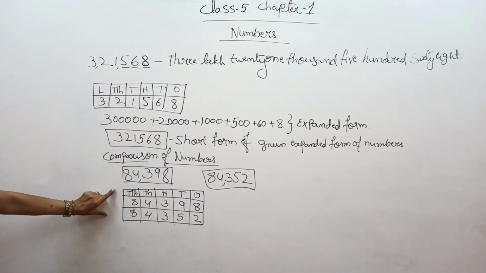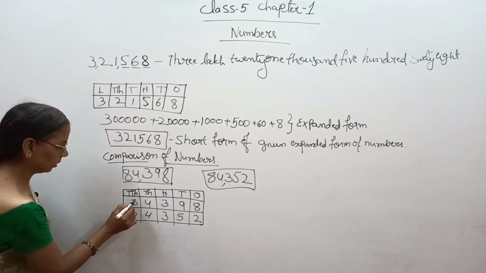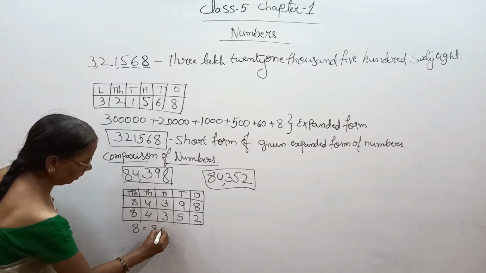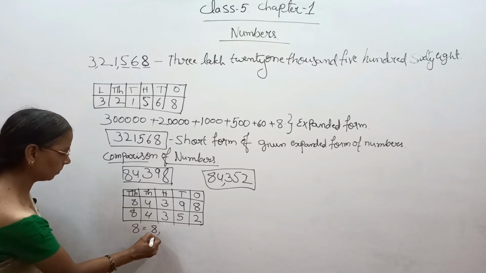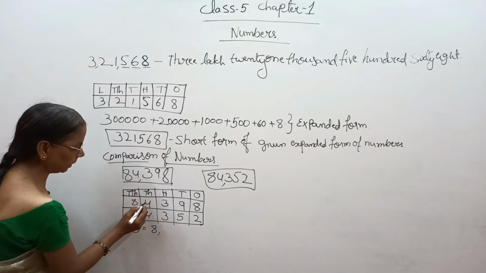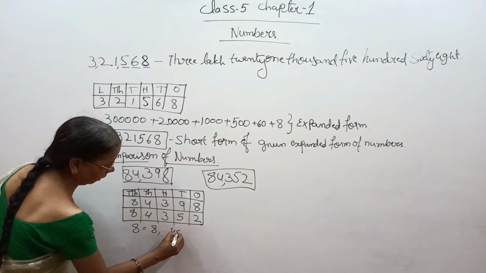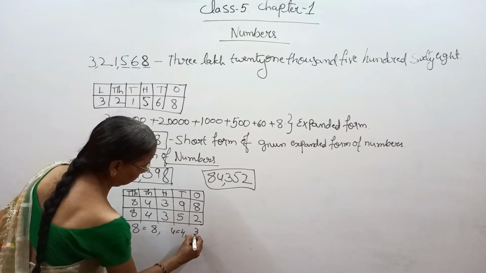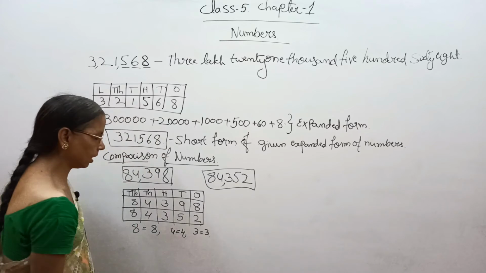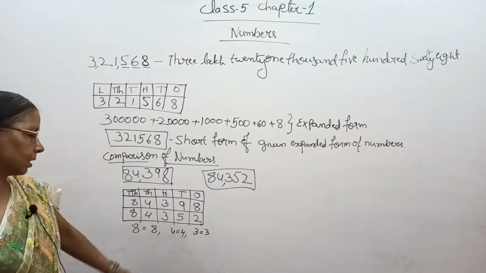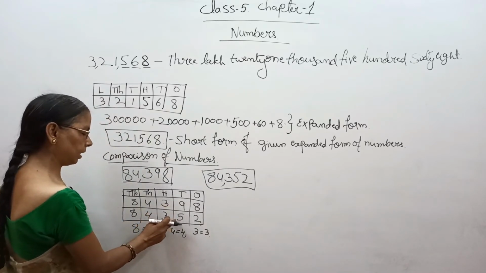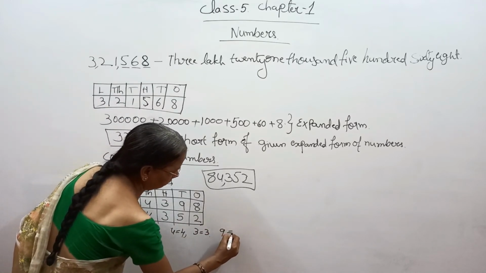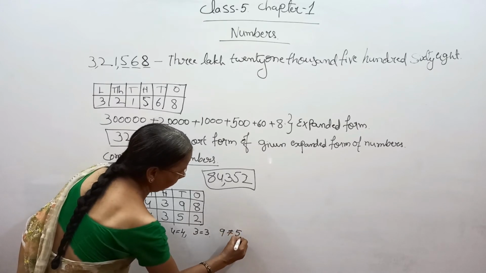In this chart, the 8 here, 8 equals 8. It is equal. Then 4 in the thousands place, 4 equals 4. Then in the hundreds place, 3 equals 3. But in the tens place, it is 9 and here it is 5. That 9 is not equal to 5.